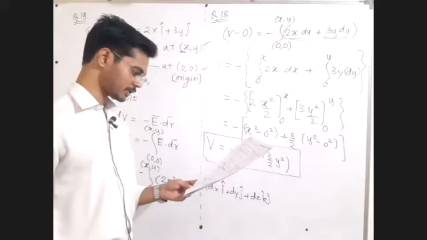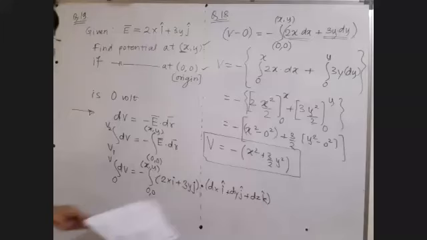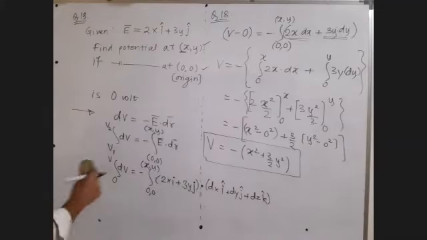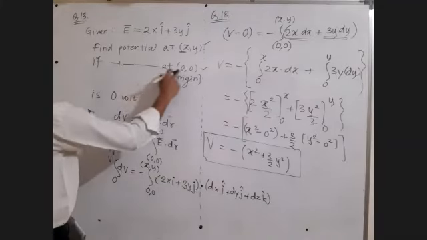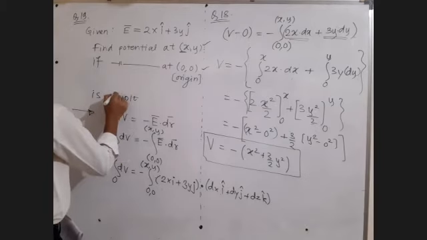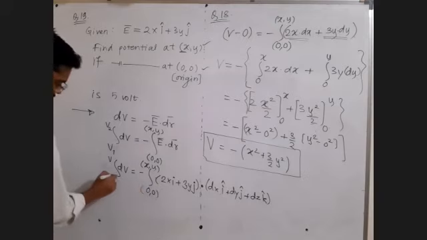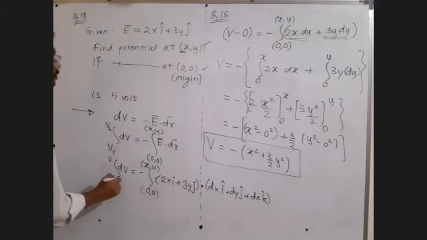Now the same electric field is given. Same question is given, and instead of saying potential at the origin is 0 volt, now let me say potential at origin is 5 volt. In that case, final point potential is V, initial point potential at origin 0 comma 0 is 5.